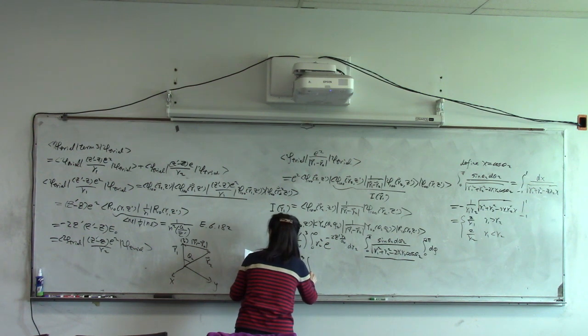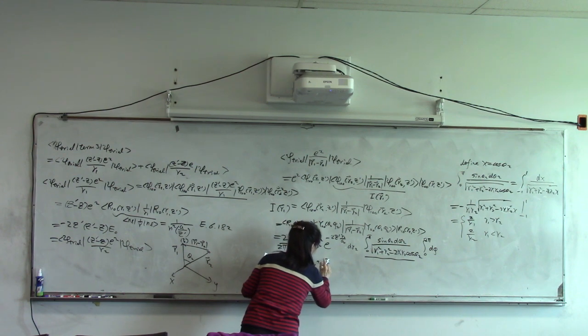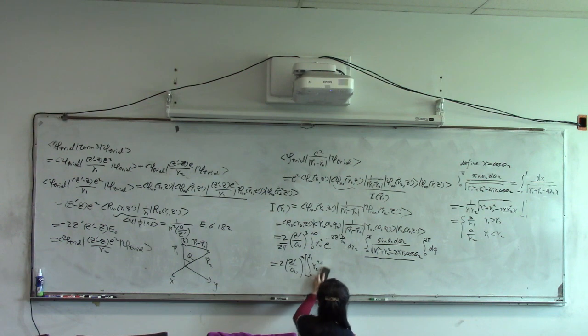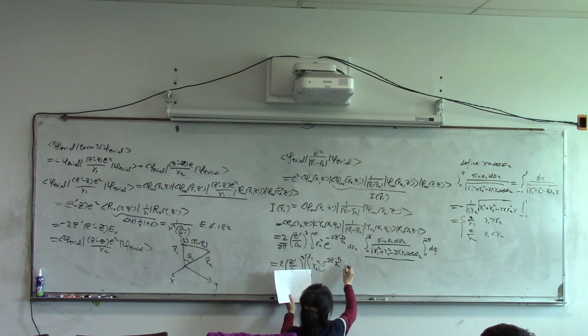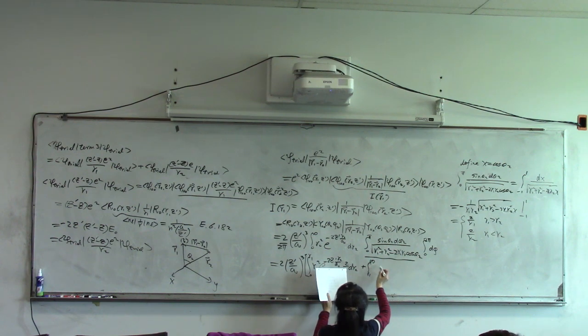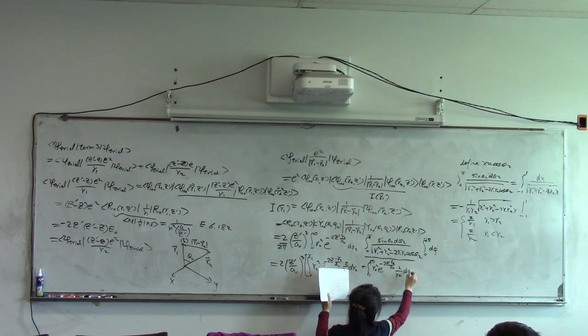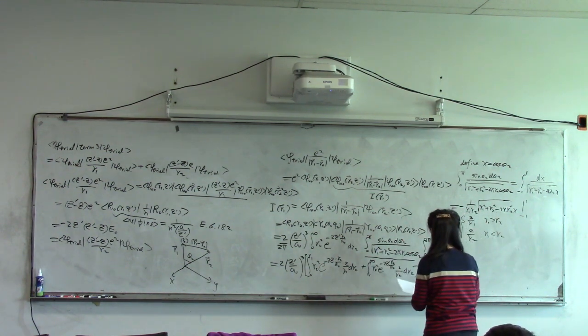First is from 0 to R1, R2 squared exponential minus 2 Z prime R2 over A naught, 2 over R1 dR2, plus from R1 to infinity, R2 squared exponential minus 2 Z prime R2 over A naught, 2 over R2 dR2. Here we have used integration by parts, so the details I will skip.